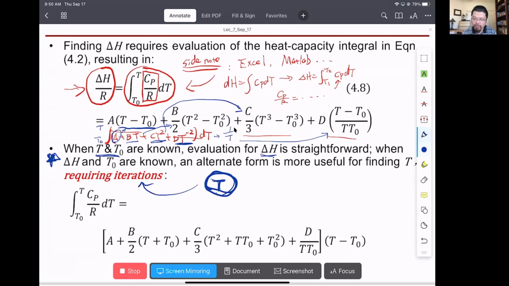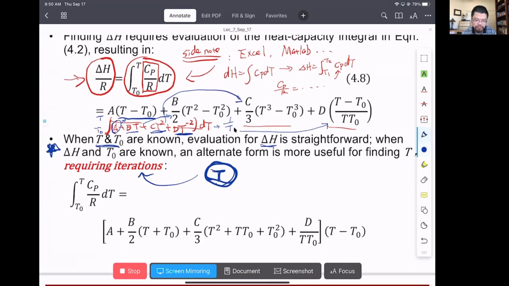However, if we know the initial temperature and the budget you have for a change, which is the delta H over there, and we need to know the final temperature, then those problems will be a little bit more challenging. We need to run those iterations in order to figure that out. So we'll see in a minute on the second slide the general procedure.